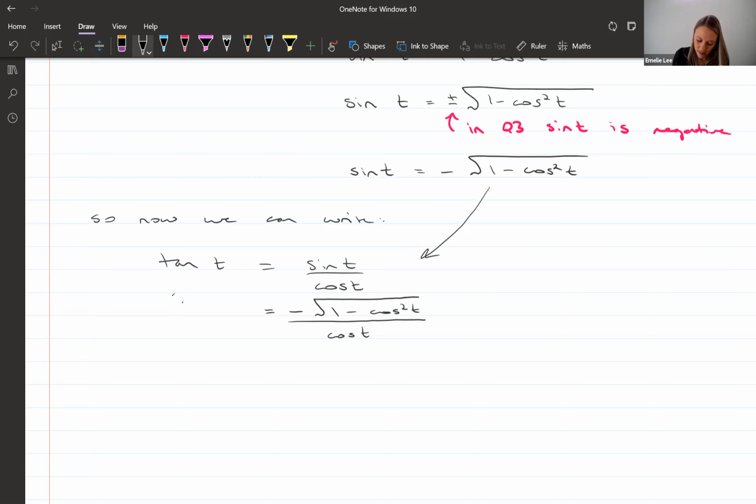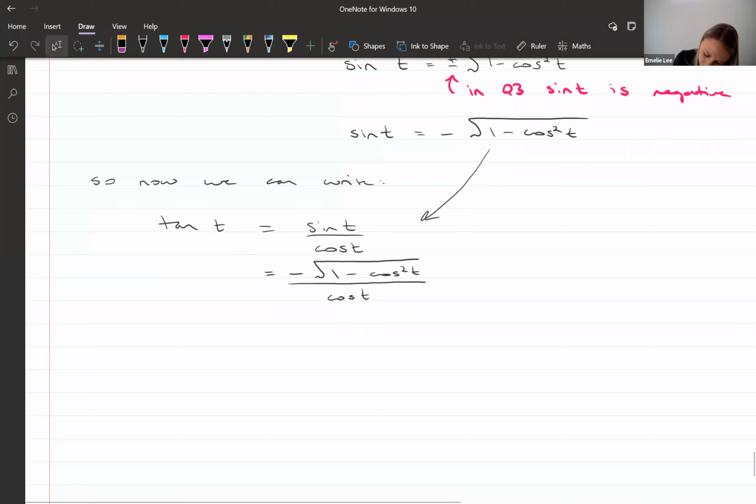Noticing that tan is positive in Q3, but sine t is negative and cos t is negative, so negative divided by negative gives me a positive, so I'm safe. Now this is in terms of cos t. The only t's I have in there are related to cos t: 1 minus cos squared t and cos t. Good.